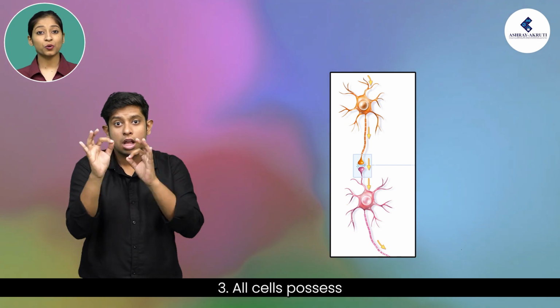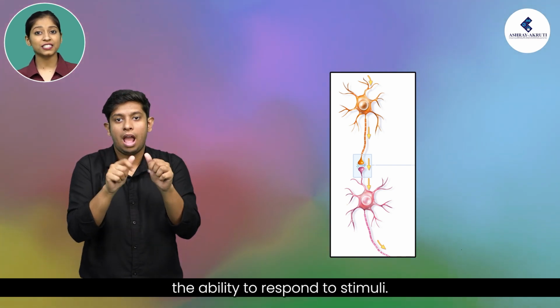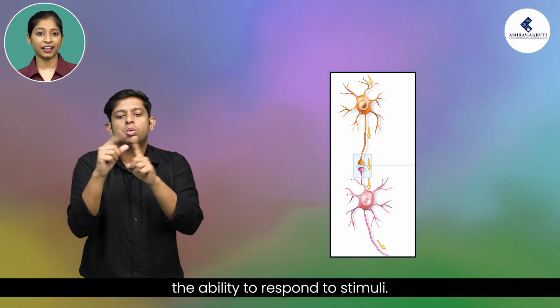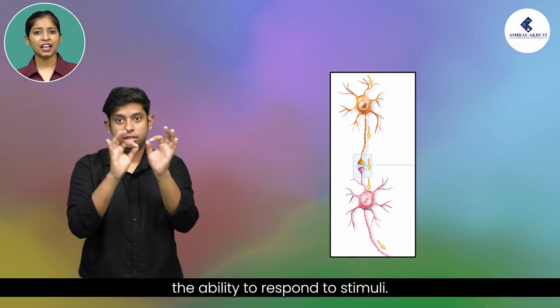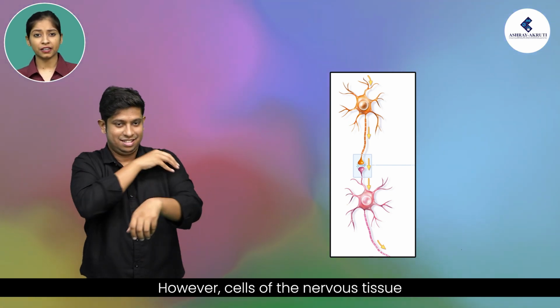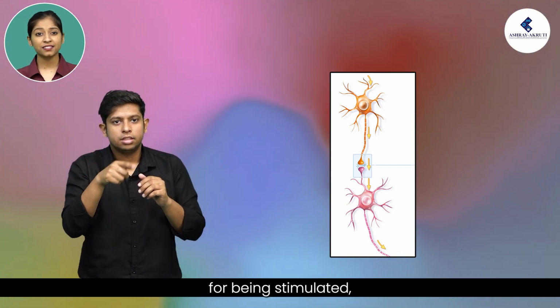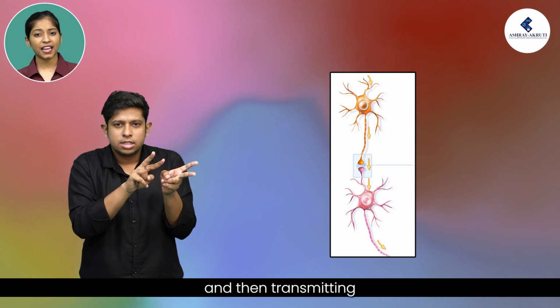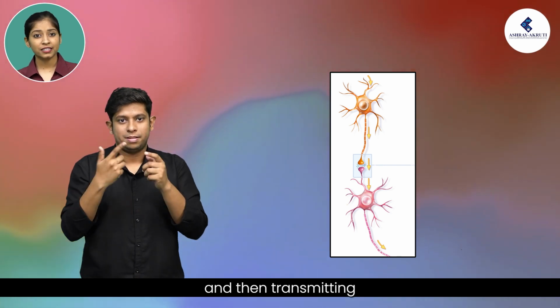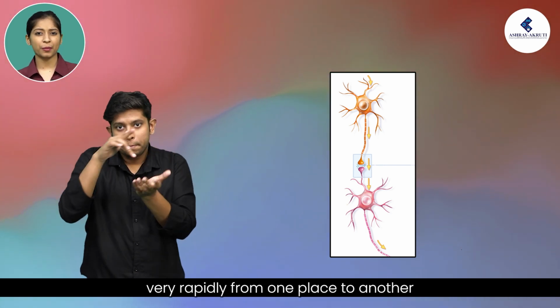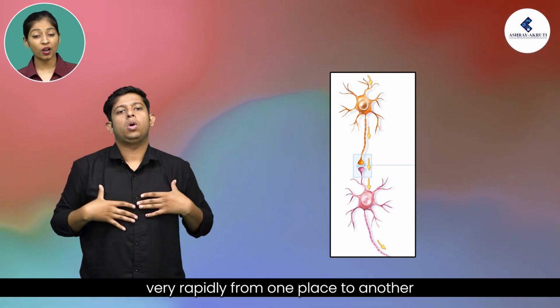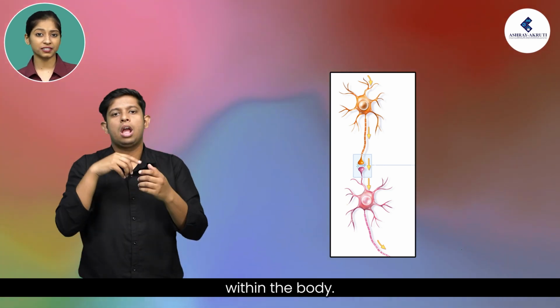All cells possess the ability to respond to stimuli. However, cells of the nervous tissue are highly specialized for being stimulated and then transmitting the stimulus very rapidly from one place to another within the body.